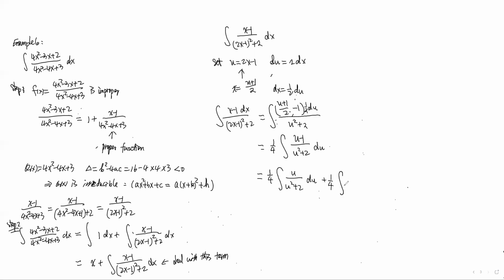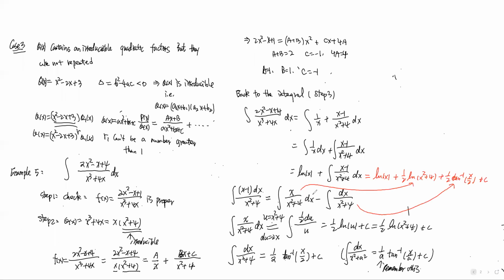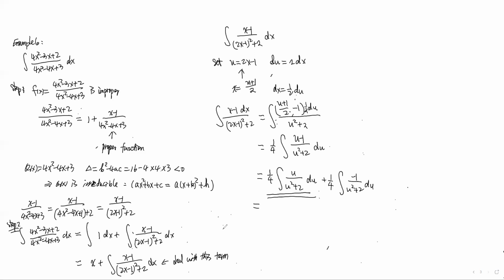So this is one-quarter of the integral of u over (u squared plus 2) du minus one-quarter of the integral of 1 over (u squared plus 2) du. For the first term, the formula is the same as before.